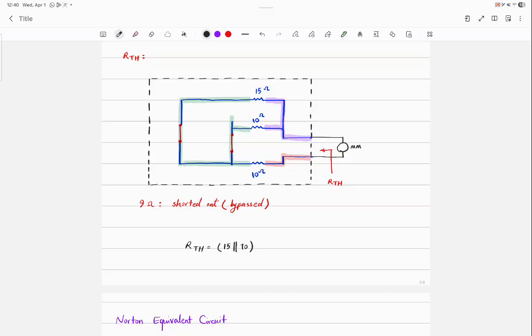And then the combination of them is in series with the bottom 10 ohm.